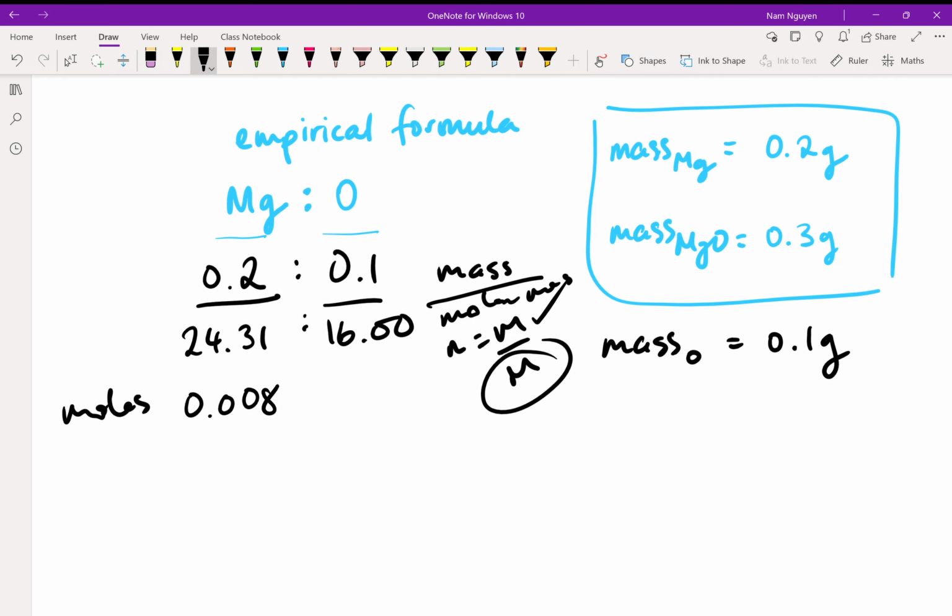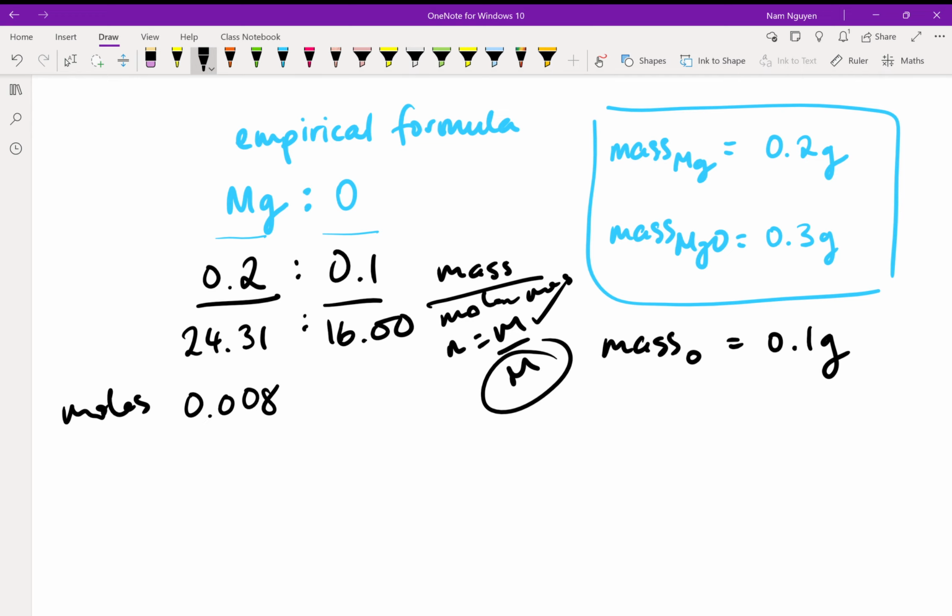0.008. Okay. First lesson in how much you should round. You should round to the number of significant figures in the value that you've been working with that has the least amount of significant figures. What that means is if you weighed stuff to 2 decimal places, the maximum number of significant figures you can round something to is 2.